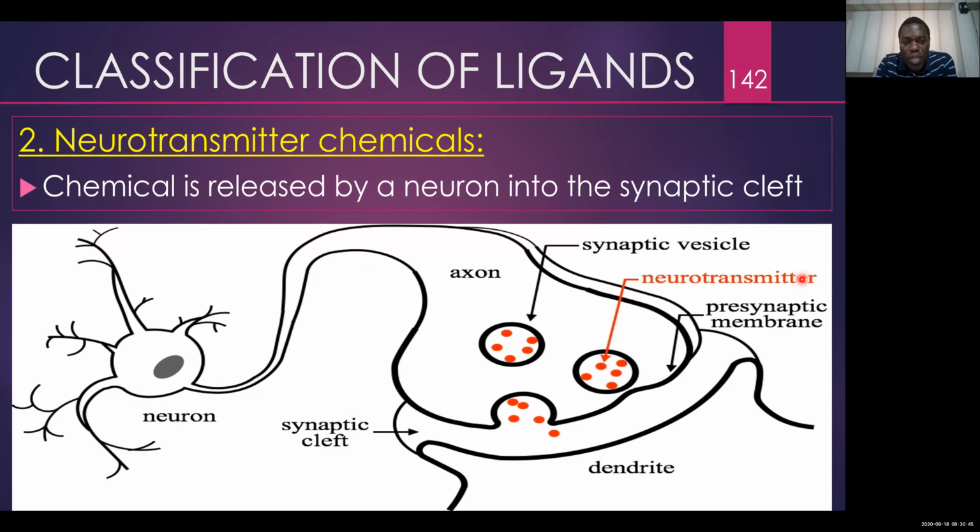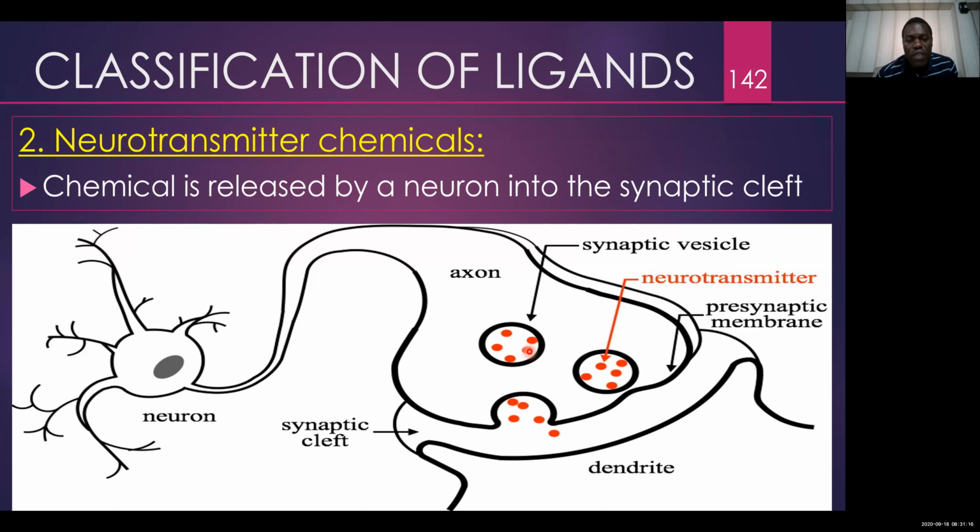If the chemical is released by a neuron, which means that the secretory cell is a neuron, and the target cell is a neuron, then you call that chemical a neurotransmitter. Like here, this is a neuron, that's another neuron, so that ligand becomes a neurotransmitter.